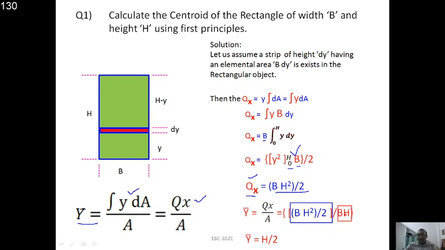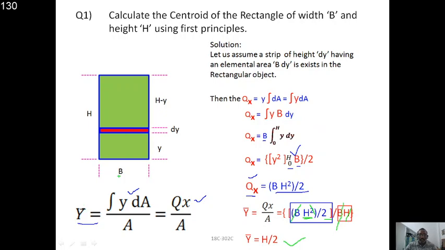So when I divide it, this b will get cancelled with this b, and one h is here, so h will get cancelled, therefore the square will be lapsed, and the only remaining is h by 2. So the y bar is equal to h by 2.